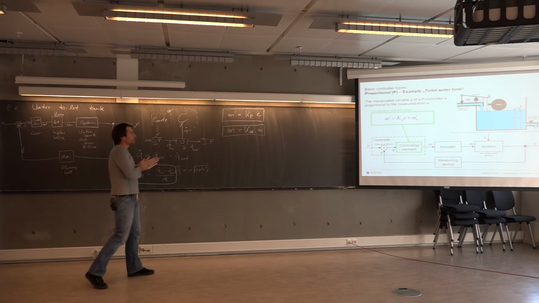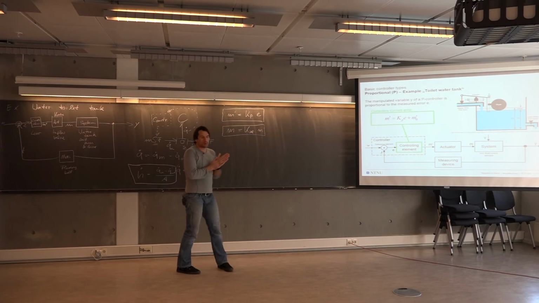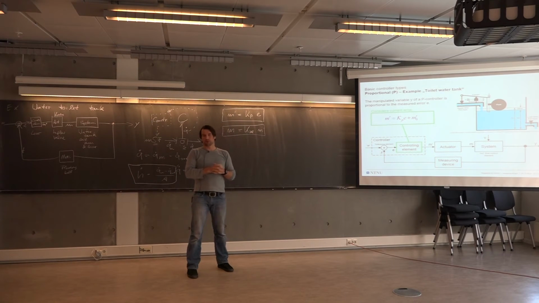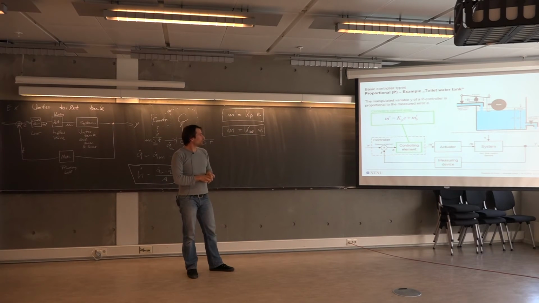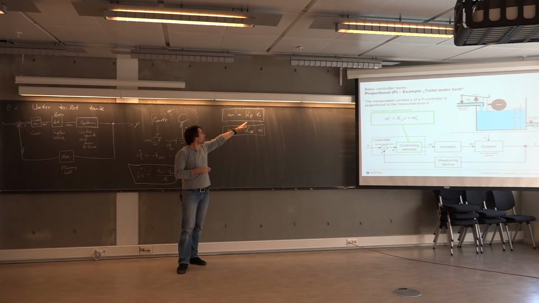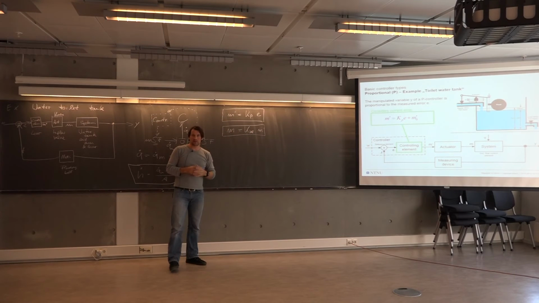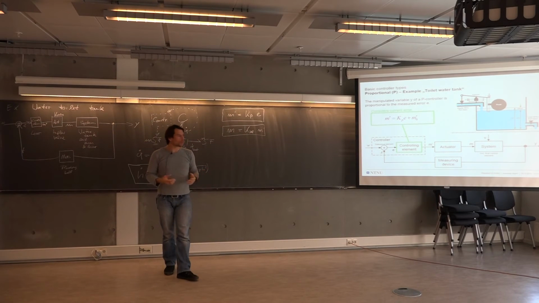And that's basically termed a proportional control behavior. The relation between the error and the manipulated variable is linear.